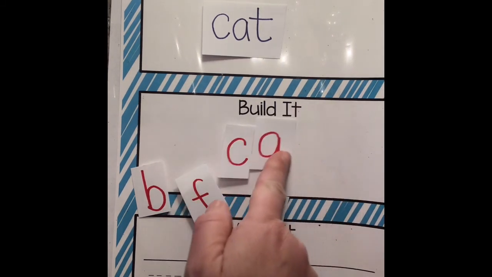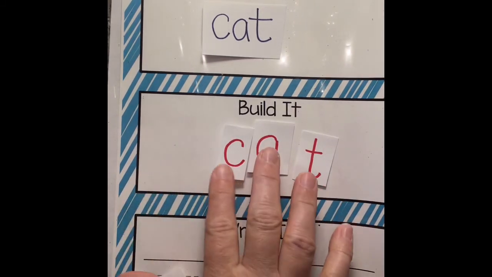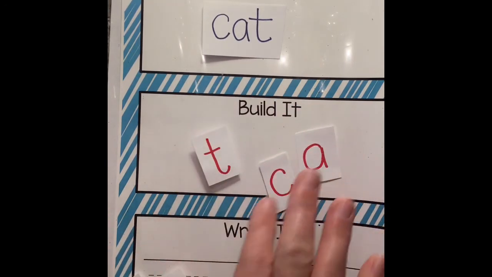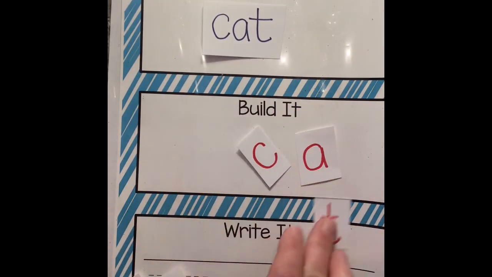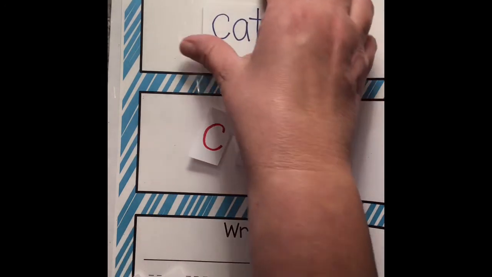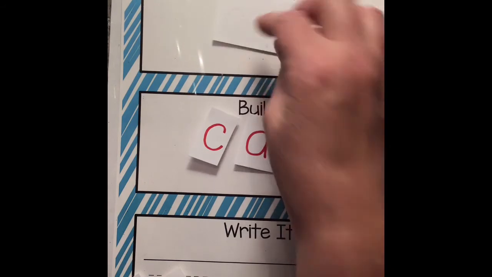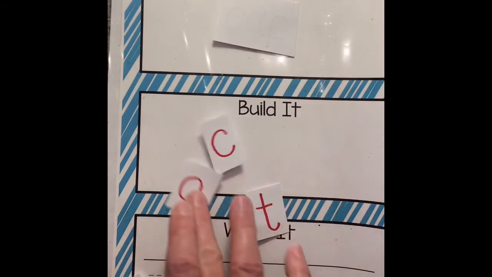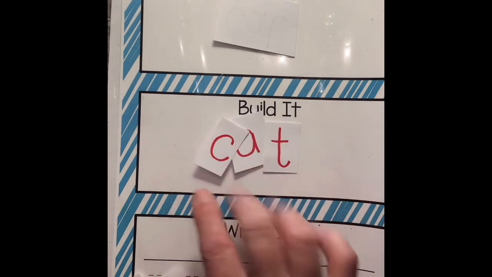So k, a, t. And then you can have them change it around, mess it up a little bit, and say, can you make cat again? K, a, t. If that becomes easy, you can take away the pattern. You can say, turn your pattern over, mix it up. Can you make cat? K, a, t, cat.